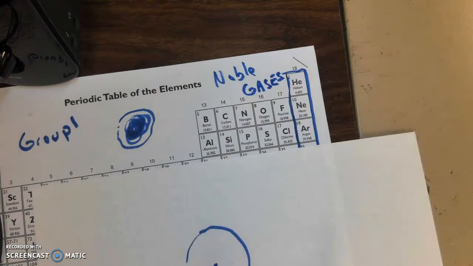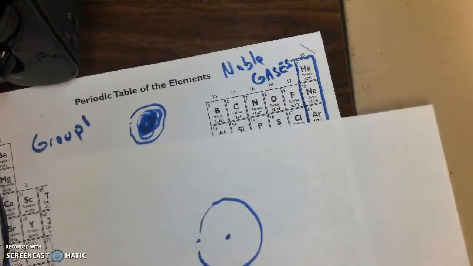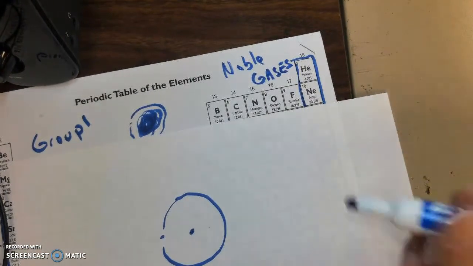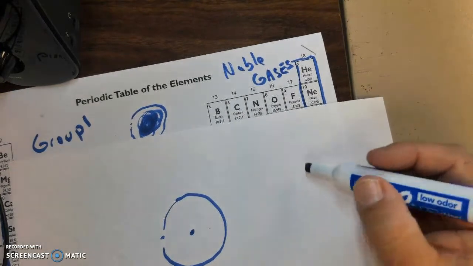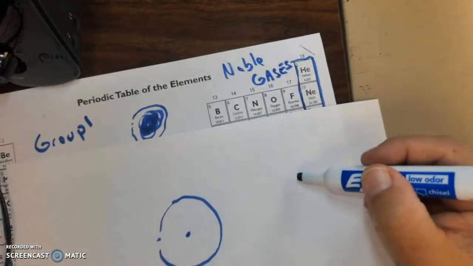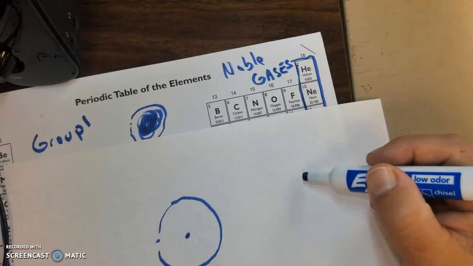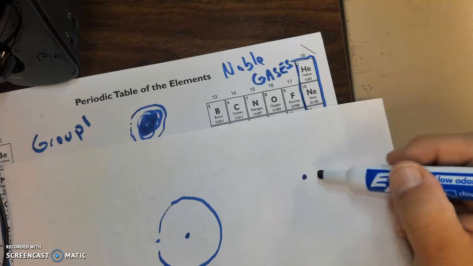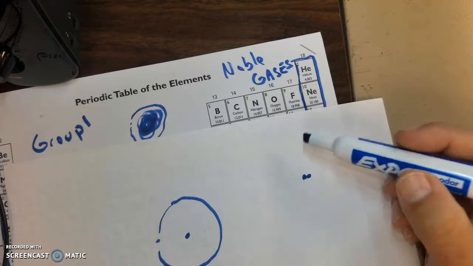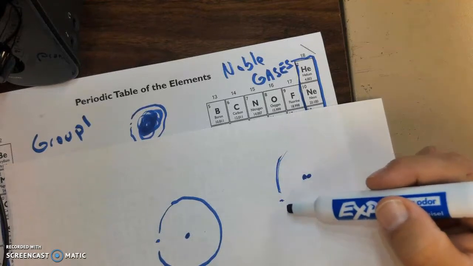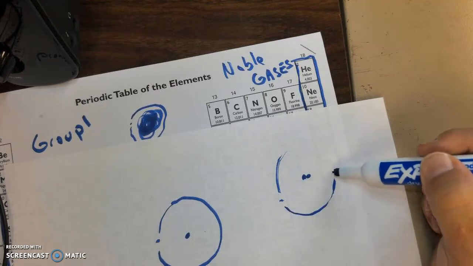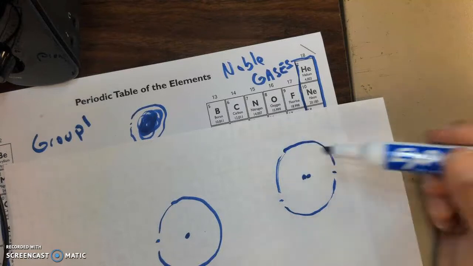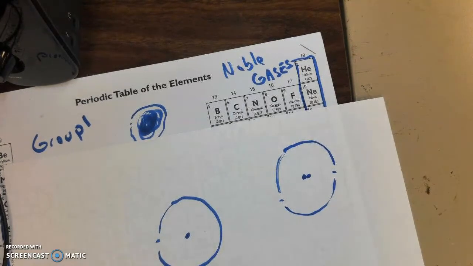So whatever their outermost shell is, it's full. So in the case of the top 2 here, just looking at those, helium has 2 protons on the inside and 2 electrons on the outside. So that's almost what a helium atom looks like.